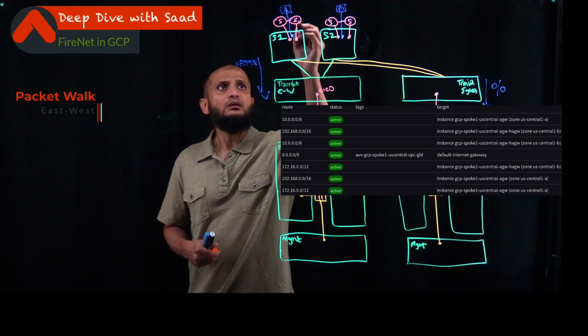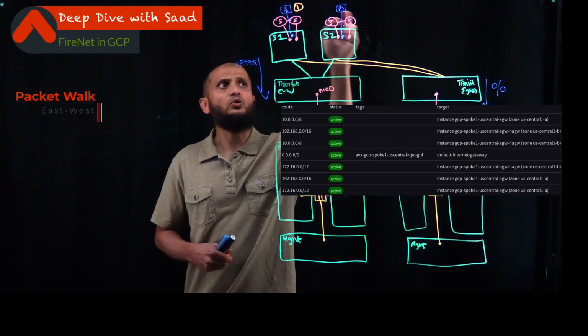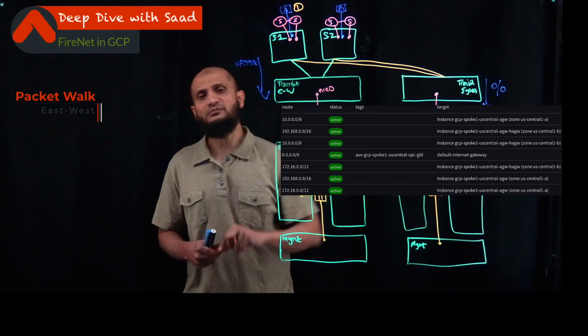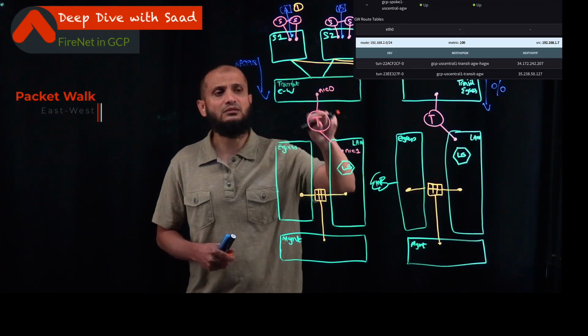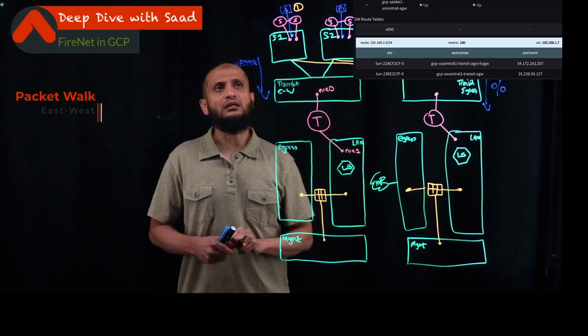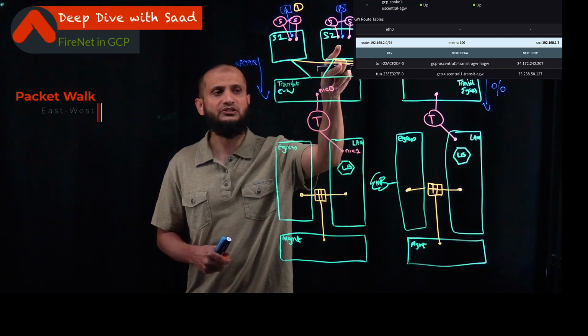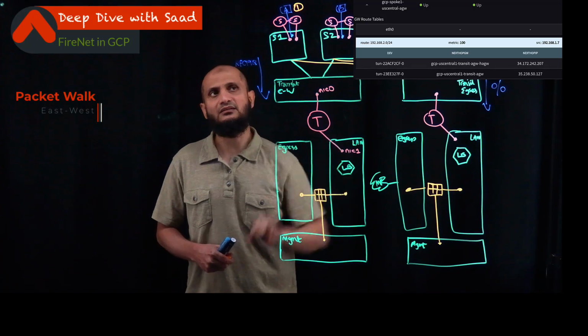Now, when the intention of VM A is to send the traffic over to VM B, it sends it towards one of the spokes. Since a spoke already has the tunnels created with the transit, then a spoke has the route towards spoke 2 also. So it is going to send the traffic to the transit gateway.